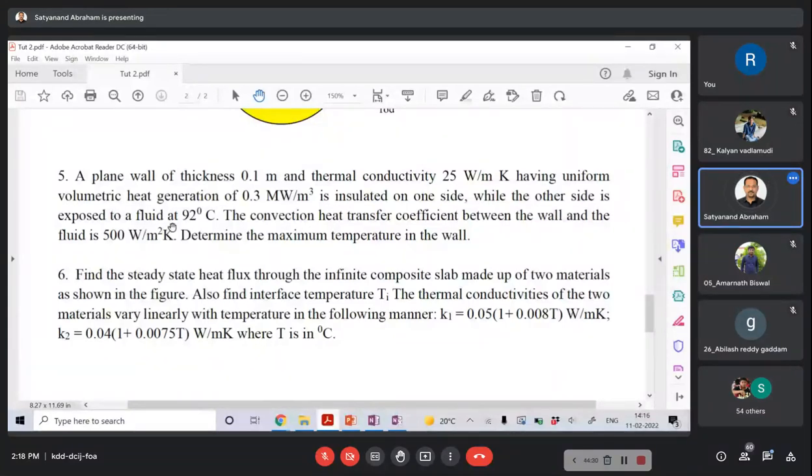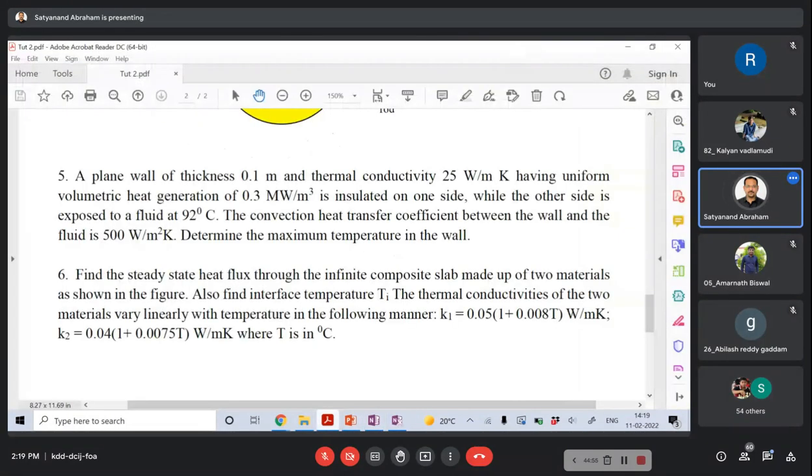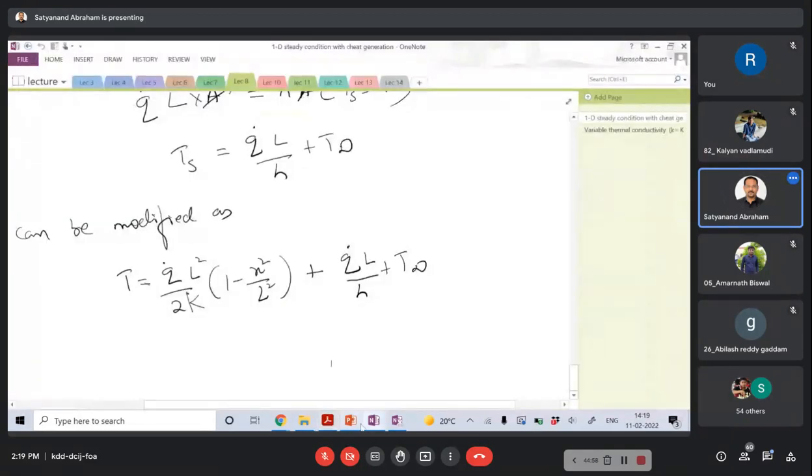You can put your insulation boundary condition at x is equal to L. In that case, this wall expression will be different, but if you put x is equal to L, you will get some temperature, and that temperature value is going to be the same maximum temperature. Is that clear?